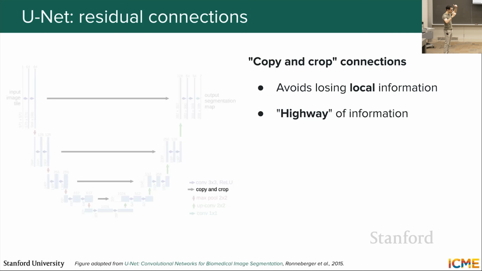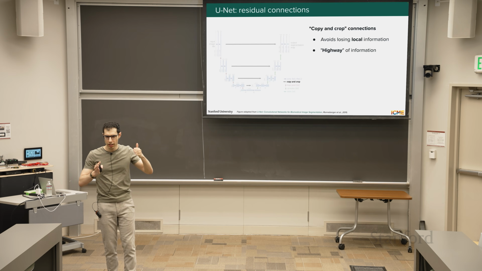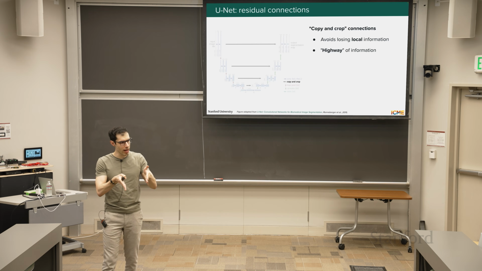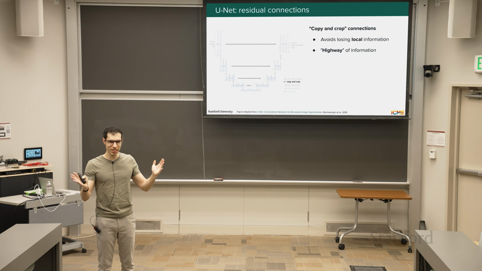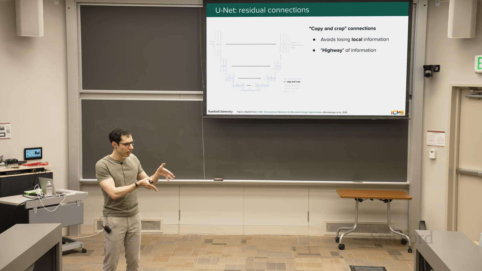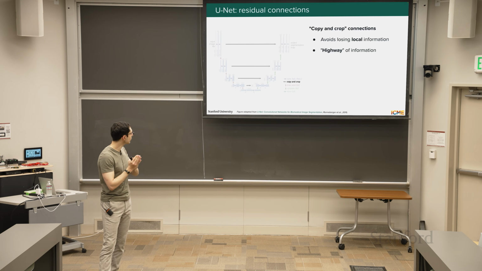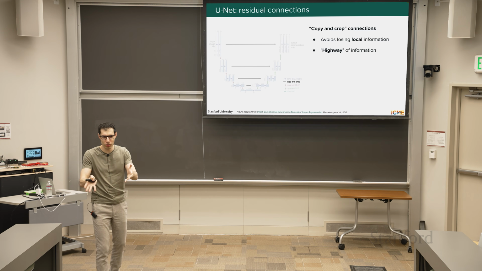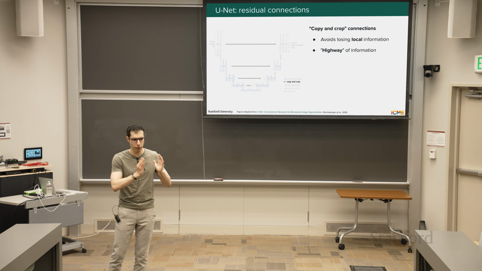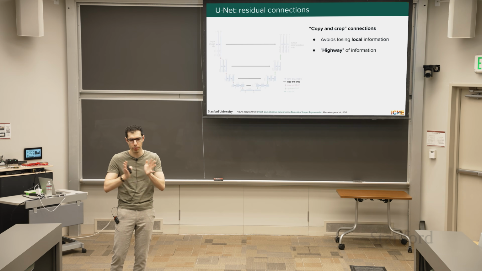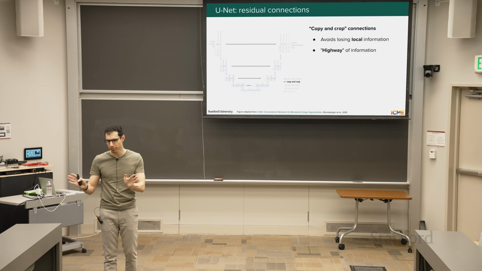At each level, you're taking a part of the feature map and simply copying, so cropping and copying. That allows local details to flow from what you have computed in the downsampling step to the upsampling step.